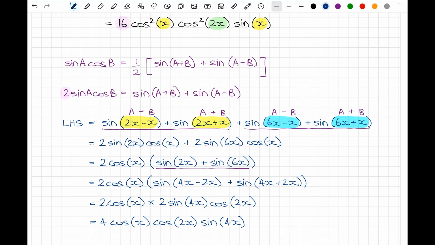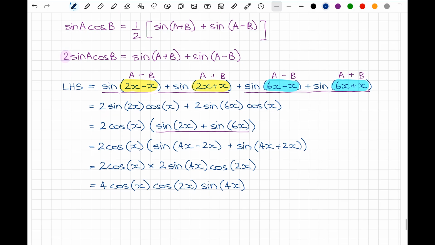But for my sine term, I've got sine of 4x instead of x. So really the place to focus now is to think, how can I manipulate the sine of 4x to get that to only be in terms of sine of x.